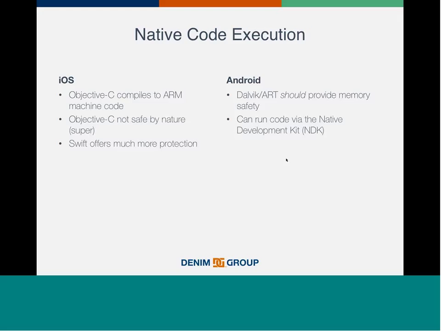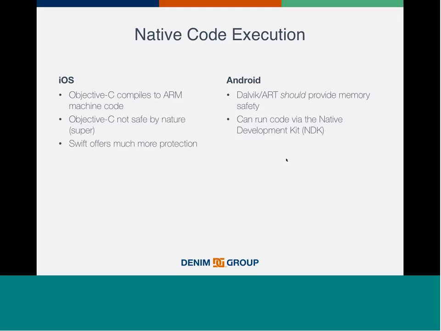Again, Swift offers some protection. It doesn't directly expose pointers, but has constructs like unsafe pointer, which at least is called unsafe, but at the end of the day, giving users the ability to do that opens you up for problems. In an Android environment, the Java language and the runtime environments, Dalvik or Android runtime, should provide much more safety.